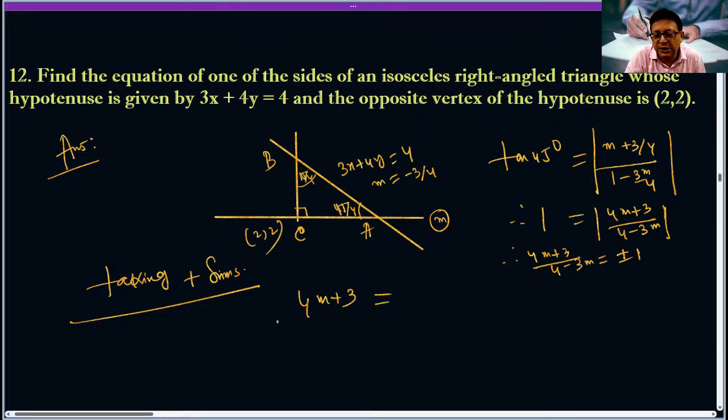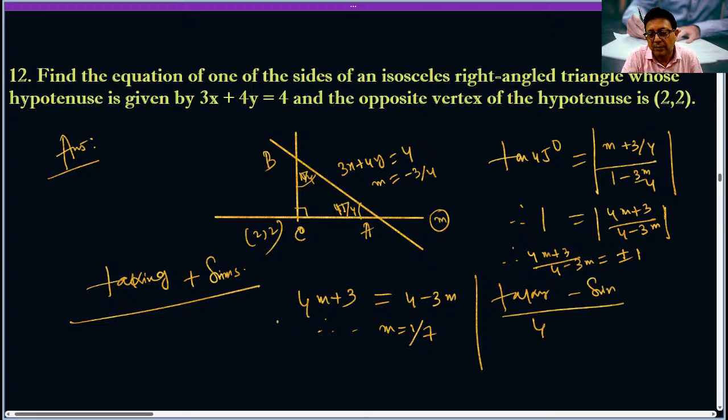So 4M plus 3 equal to, so M will be what? 1 by 7. And take minus sign. 4M plus 3 is, so M will be minus 7. And it's quite obvious, we need not calculate because they are perpendicular.